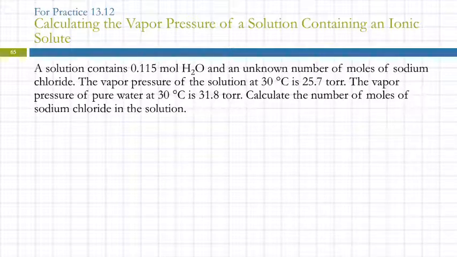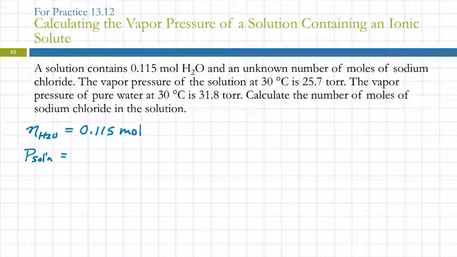Well, what do we know here? We can write down what's given. So we've got a number of moles of water, so we could call that n H2O. It's the number of moles of water, that's 0.115 moles. We know the vapor pressure of the solution, so P solution is 25.7 torr.